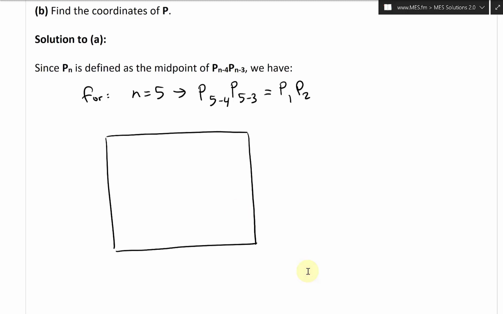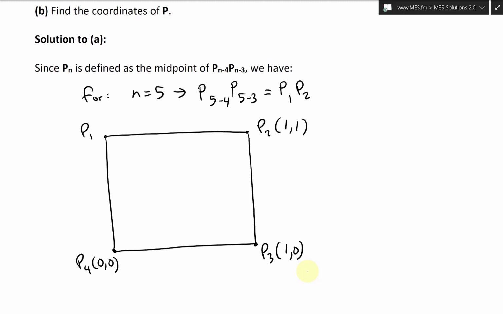P4 is at (0, 0), P3 equals (1, 0), P2 equals (1, 1), and P1 is equal to (0, 1). And our P5 is going to be right here. Again, P5 is just going to be at 1/2 and 1.